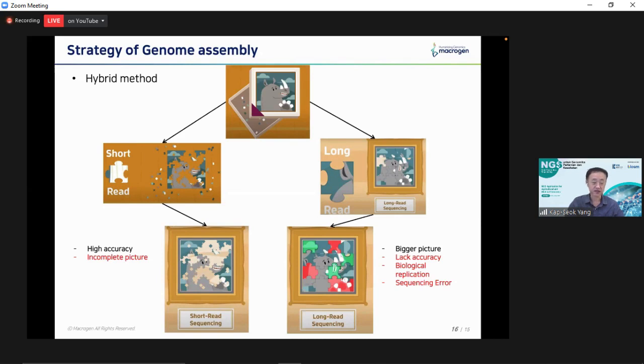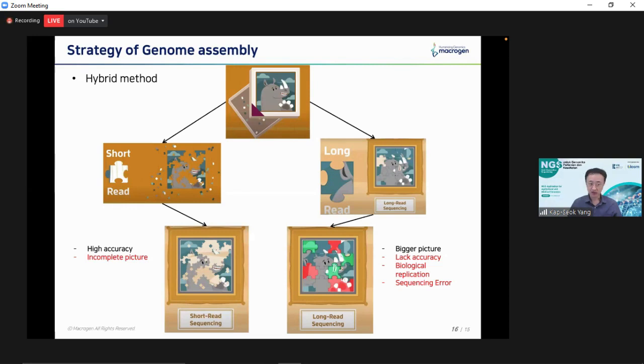So this is a very simplified version. On your left, you will see the short-read sequencer, such as Illumina. And on the right side, you are looking at long-read sequencing, like PacBio or Oxford Nanopore.